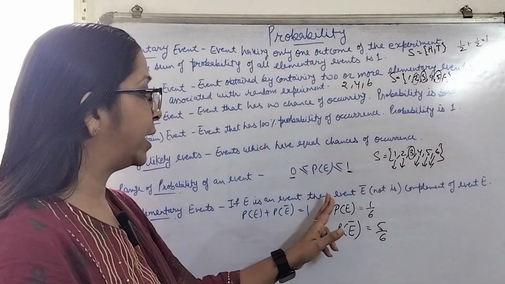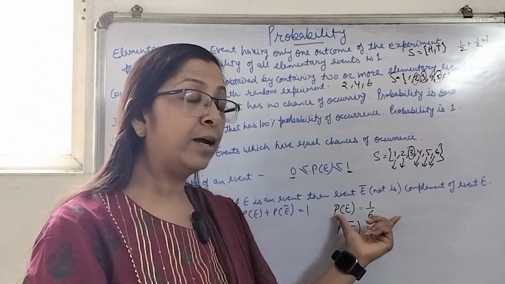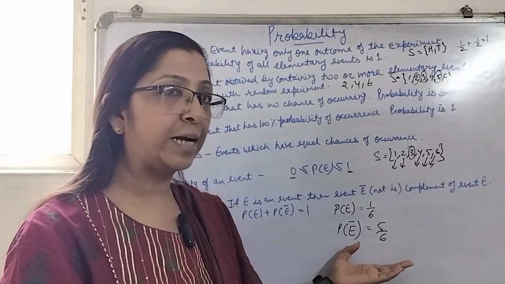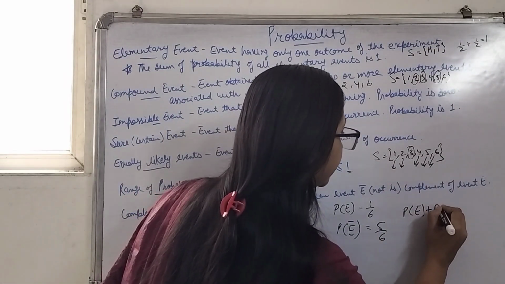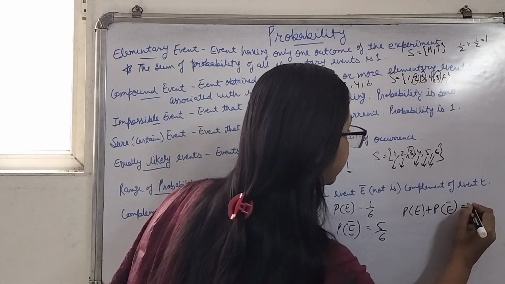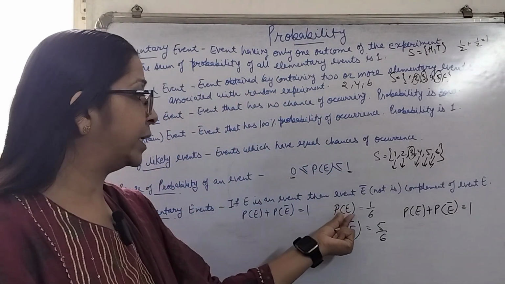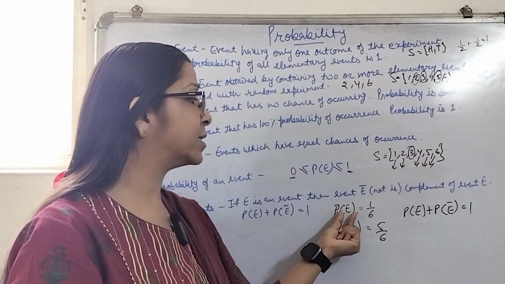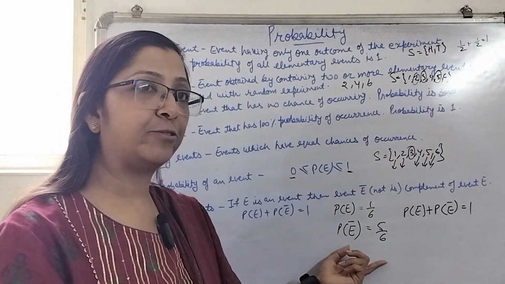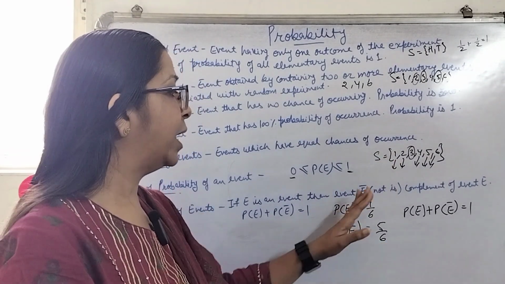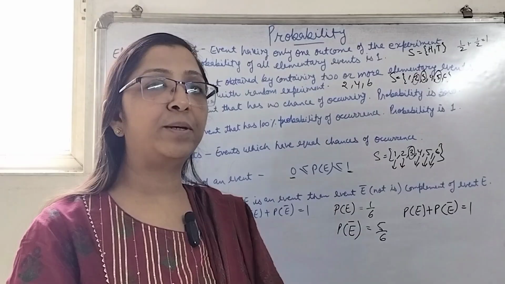Whenever we add the probability of getting an event and the probability of not getting that event, their sum will always be 1. These are complementary events. Like P(E): if getting 3 is an event, then getting not 3 is the complementary event, and the sum of these will always be 1.